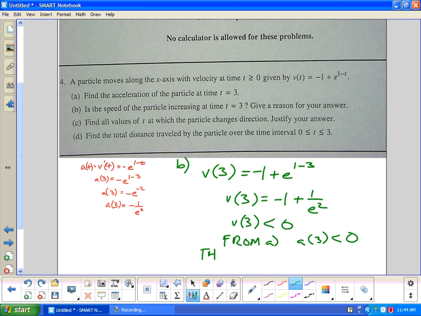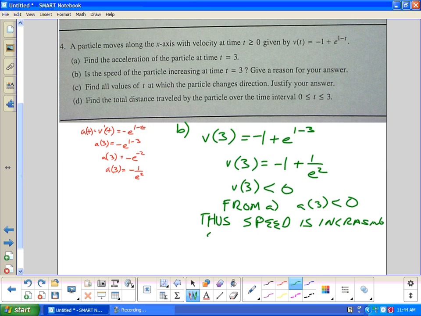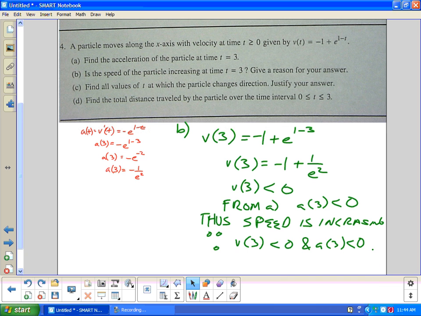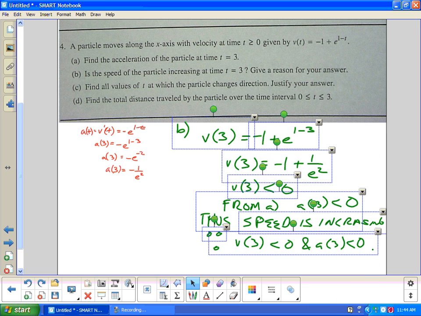Thus, speed is increasing because v of 3 is less than 0 and a of 3 is less than 0. This is the way I would write it. We'll see if I get a full point. We'll see if I did this right, but that makes sense to me. I'm feeling good about it.